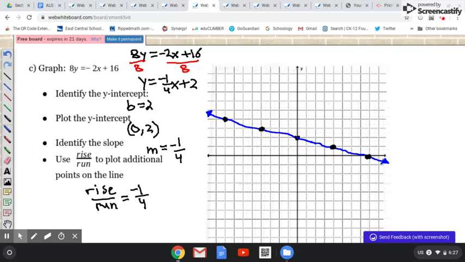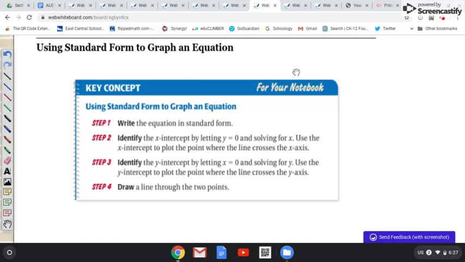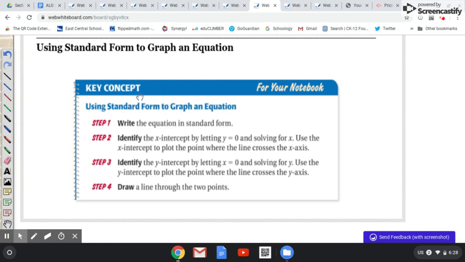All right. So the second type of equation we're going to look at today is standard form. And standard form is just another way to write a linear equation.